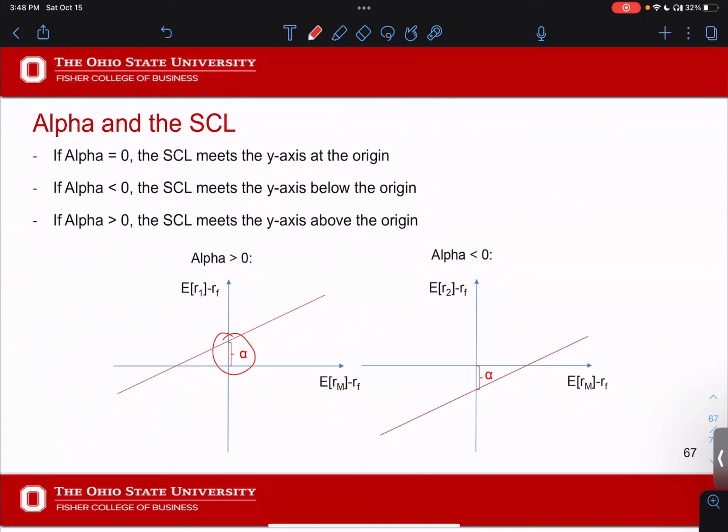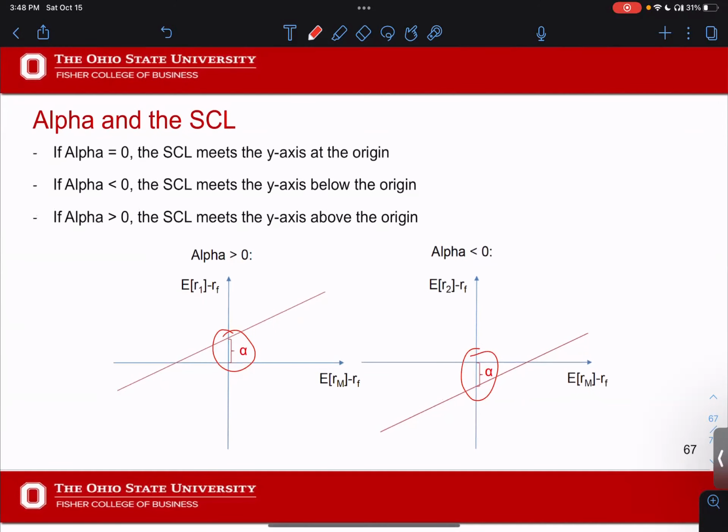And if the line has a negative intercept, it means alpha is negative. So still just a very simple idea. Positive intercept means positive alpha, and negative intercept means negative alpha. But all of those are coming from the data and the regression results.